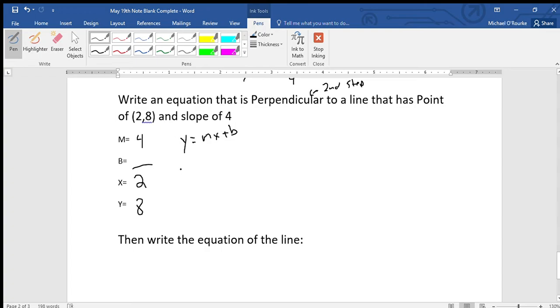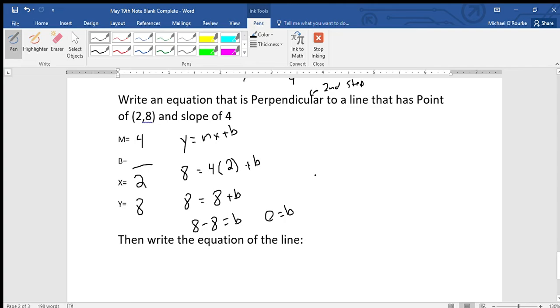So in this case, we know our y, which is 8. We know our slope, which is 4. We know our x, which is 2. We go from there. So do the math. 8 plus b. Move this over. 8 minus 8 equals b. So 0 equals b.